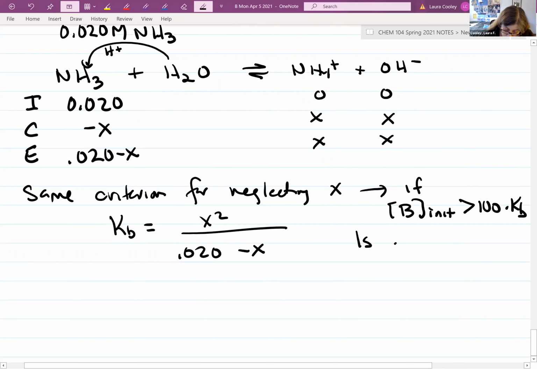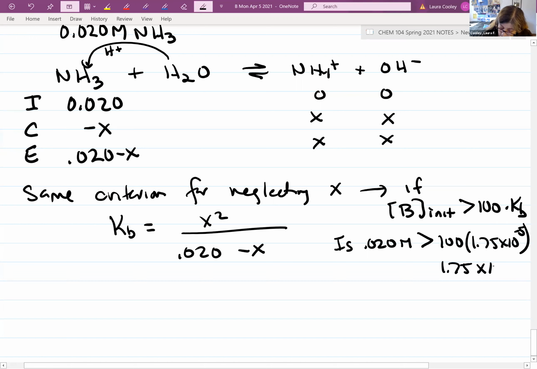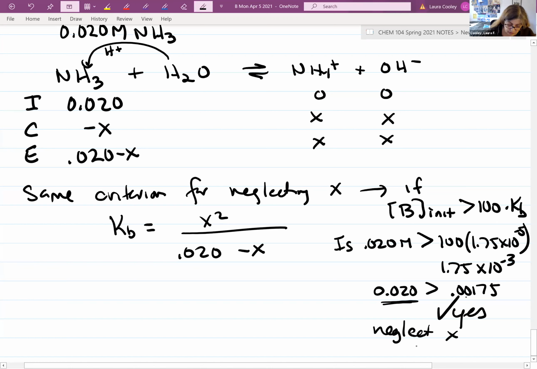So is 0.020 greater than 100 times that? 100 times that is 1.75 times 10 to the minus third, which is surely smaller than 0.020. This is definitely greater. So yes, I can neglect the x. So I'm going to do that, cross it out.